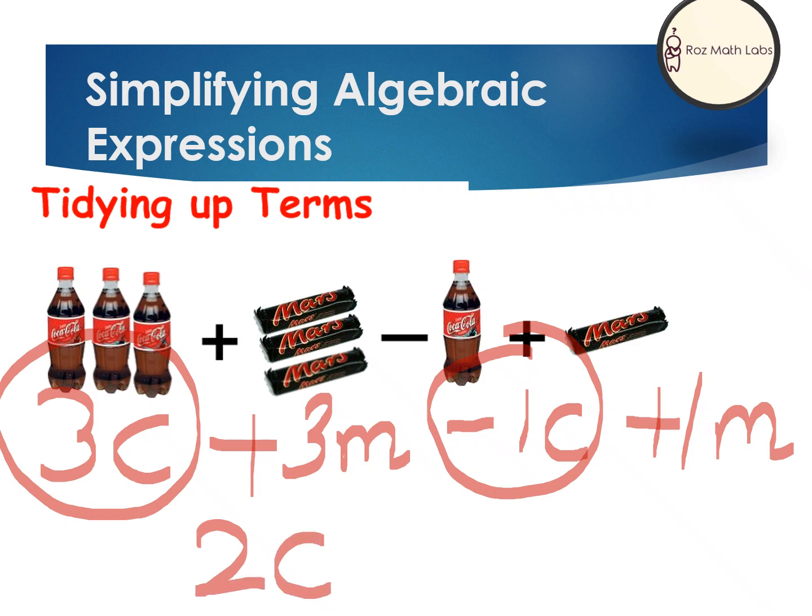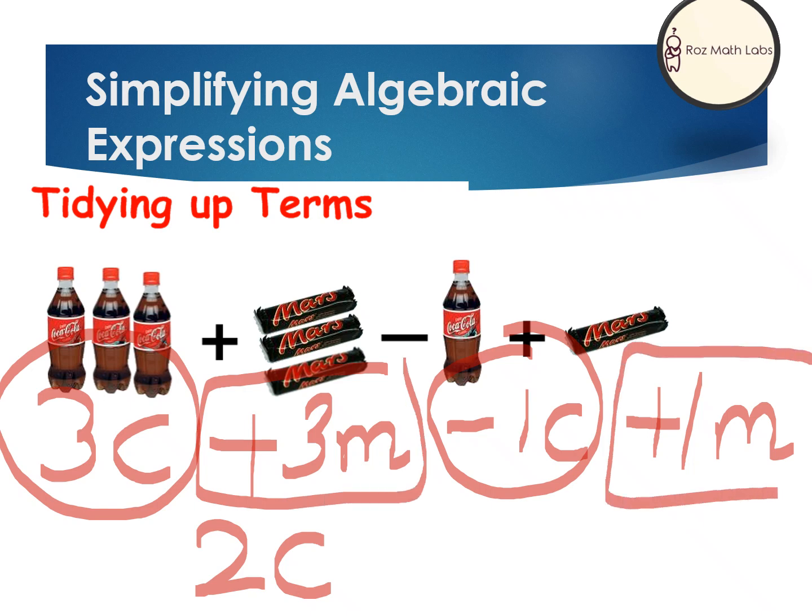The m with the m, I have 3m and plus 1m, which gives me 4m. So this is how we add or subtract by grouping the like terms. Let us further continue.